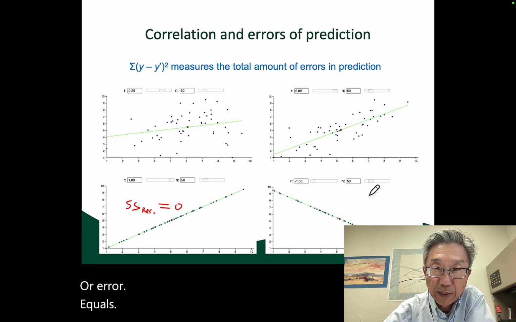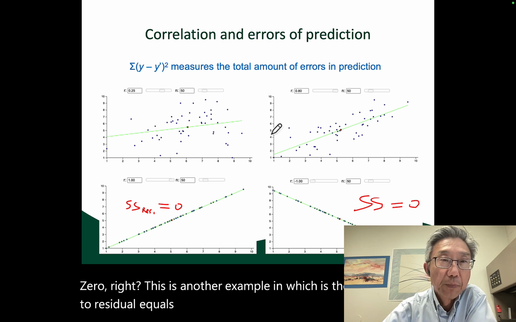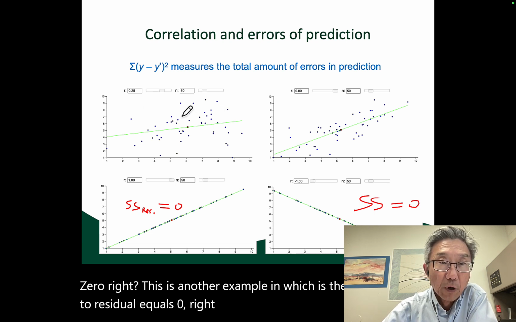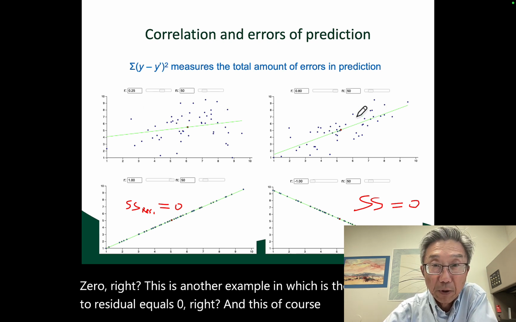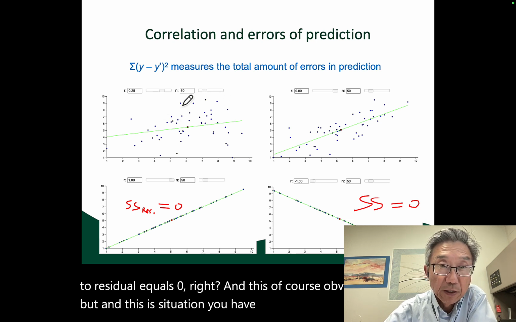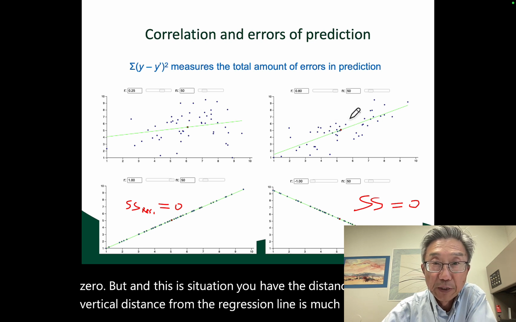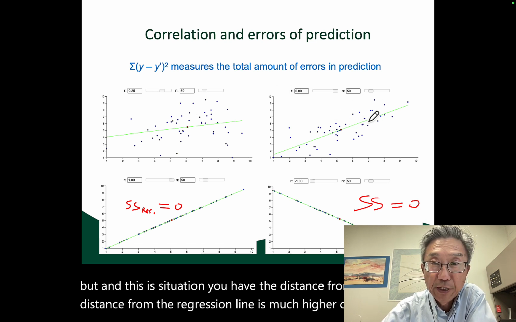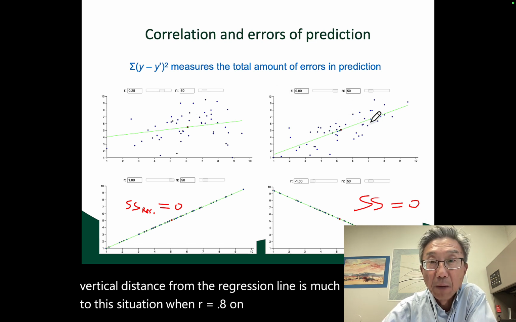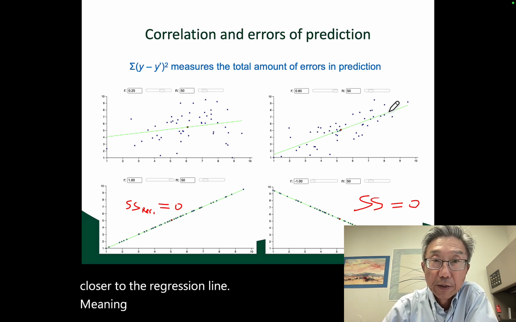This is another example in which the sum of squares residual equals 0. And this, of course, is not 0, and in this situation the vertical distance from the regression line is much higher compared to this situation when R equals 0.8. On average, these dots are much closer to the regression line, meaning the error is smaller in this case.